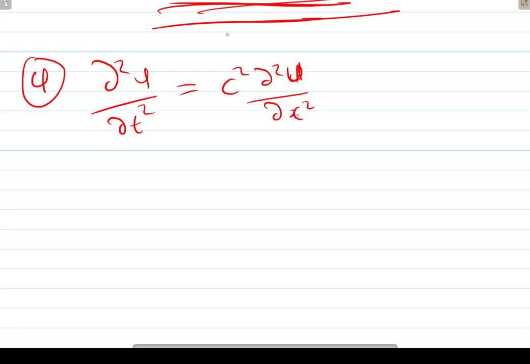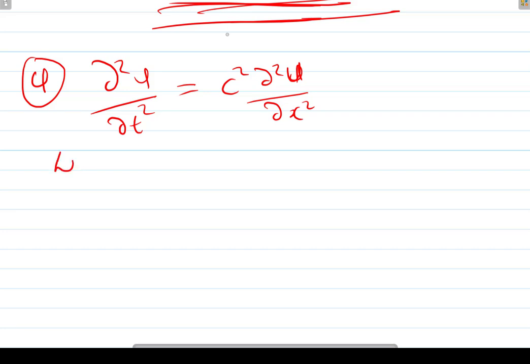This is the wave equation. So no boundary conditions, no initial conditions, so we expect just a general solution. It should be very straightforward. However, you need to practice those which have boundary conditions and initial conditions, because those are the ones you may meet as well.